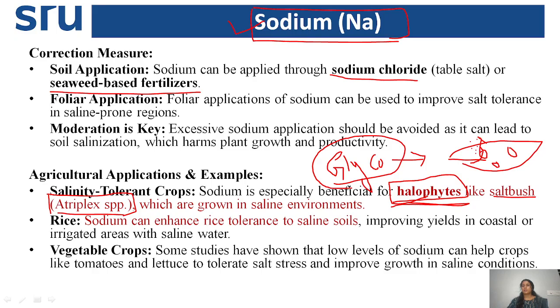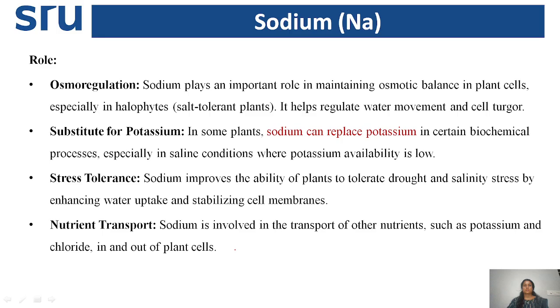That's why these are salt tolerant. Next is rice. Rice is highly sensitive to sodium stress, that is, salinity. But spraying a little amount of sodium can enhance the saline tolerance capacity of rice crops.